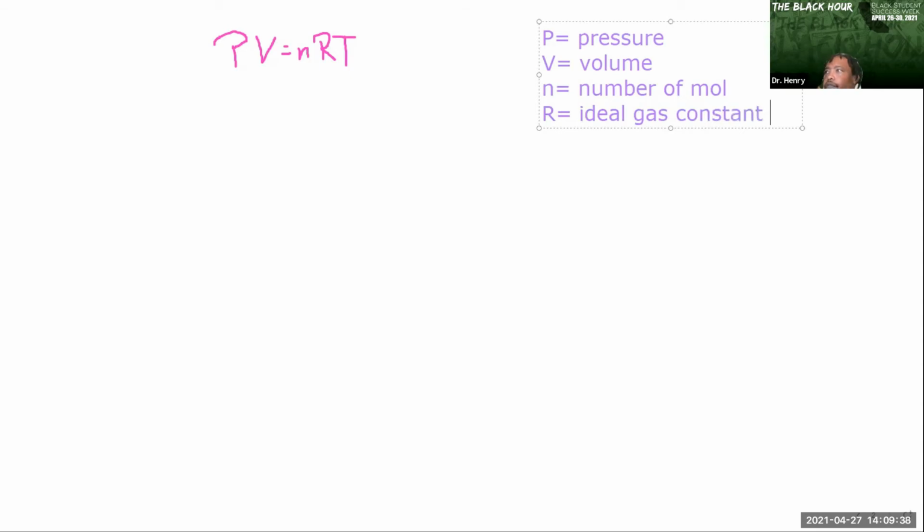I'm going to give you the value for that. You should have it on one of your conversion sheets. And the units, I'll write down the units by hand. It's big. And then T is temperature.